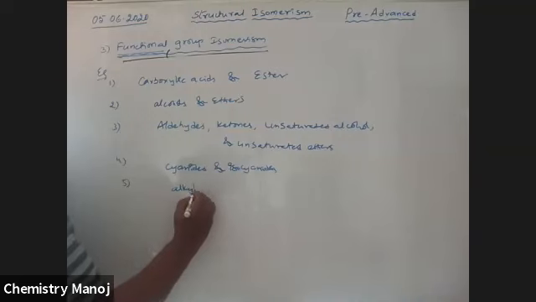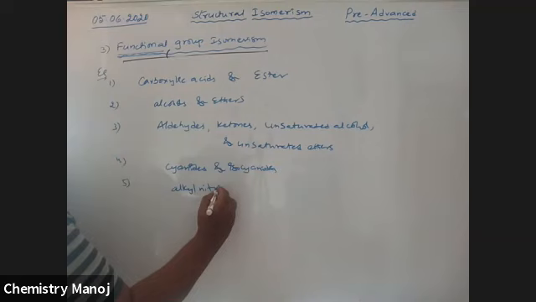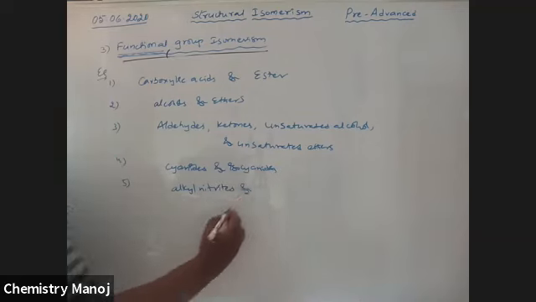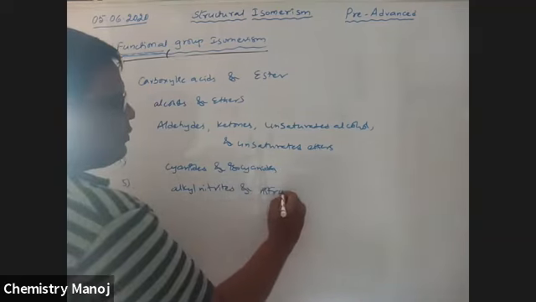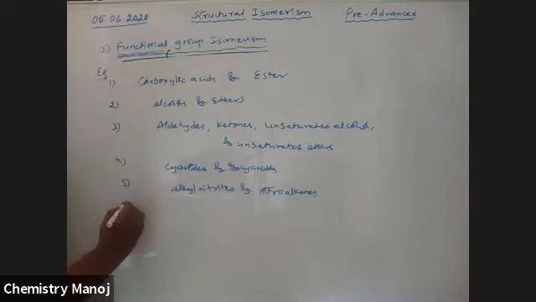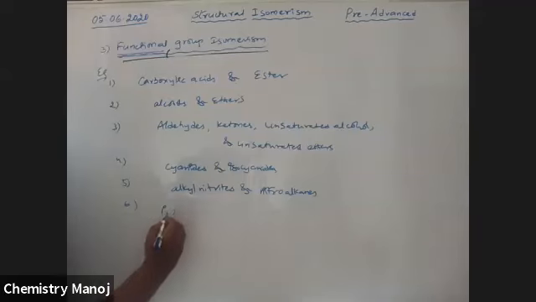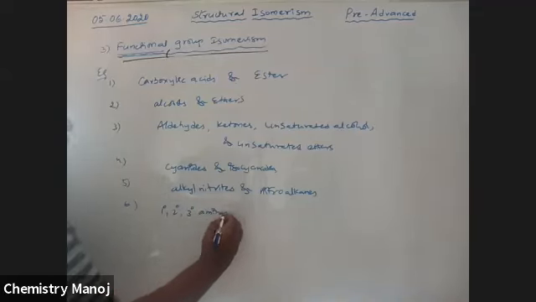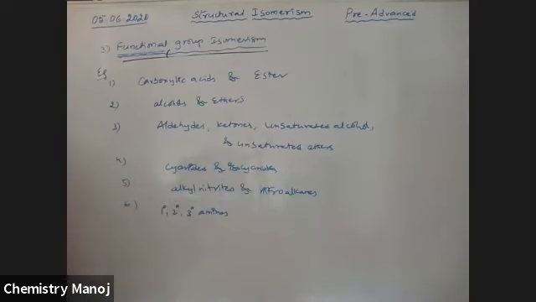Next, alkyl nitrites and nitroalkanes are functional isomers. Next one, primary, secondary and tertiary amines are functional isomers.